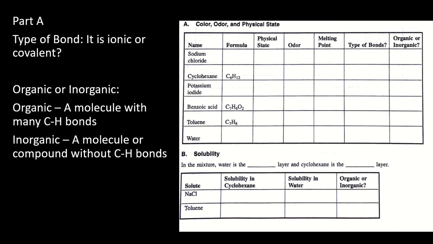But if your compound does not have any hydrogen-carbon bonds in it, then that would be an inorganic compound. Just like sodium chloride is just sodium ionically bonded to chlorine, there is no carbon-hydrogen bonding in that formula. So it's inorganic.